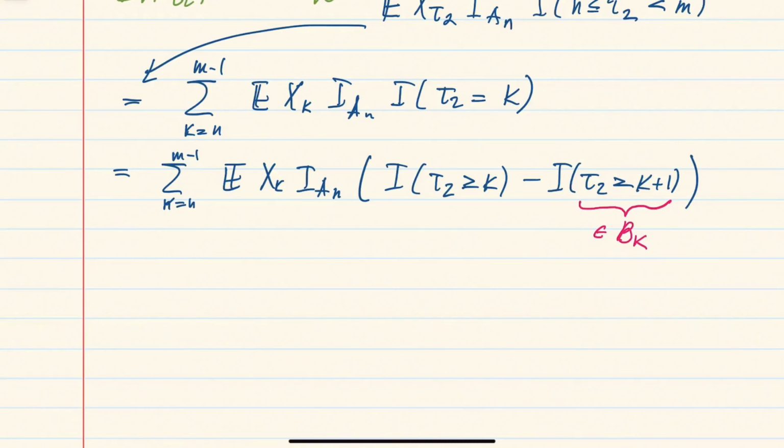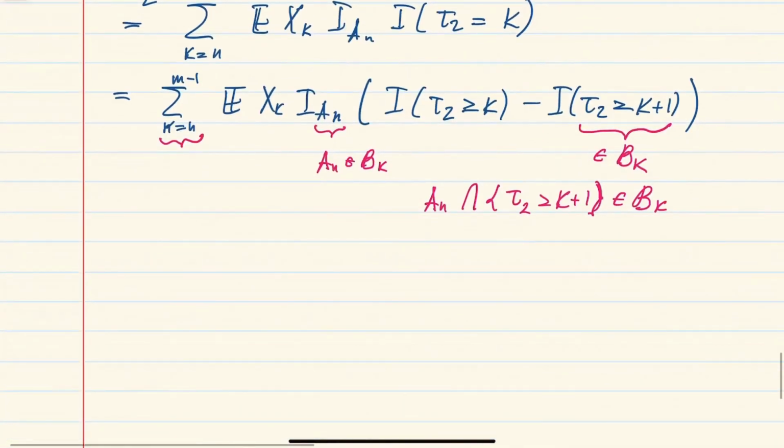And also let's notice here that the set An is also in Bk, because we consider k starting from n and greater than n. So by inclusion, An is also in Bk. So the set An intersected with this set in the second term is going to be in Bk. And so when we break this sum into two, the first term we'll just leave as it is.